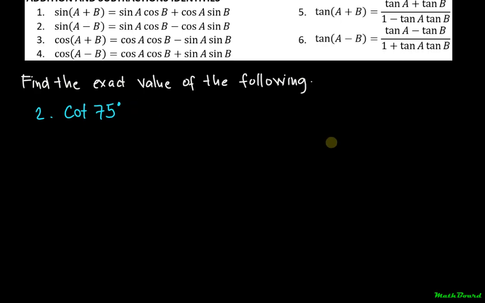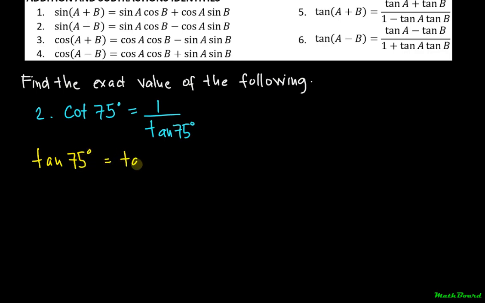We know by reciprocal identity that cotangent 75 is the same as 1 over tangent 75 degrees. So you can use the identity for tangent, then later on you get the reciprocal to find the value of the cotangent. So we're going to express tangent 75 degrees as a sum or difference.